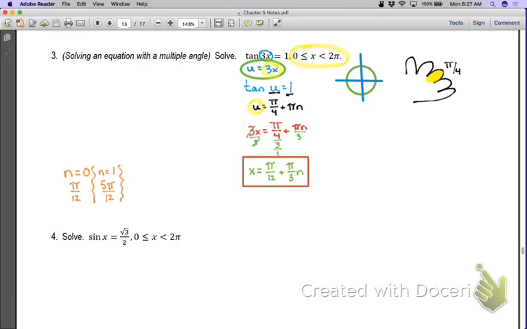Do the same thing with the second multiple, so times 2. So 1/12 plus 2/3, I'm going to get 9/12, or 9 pi over 12, which is the same thing as 3 pi over 4.